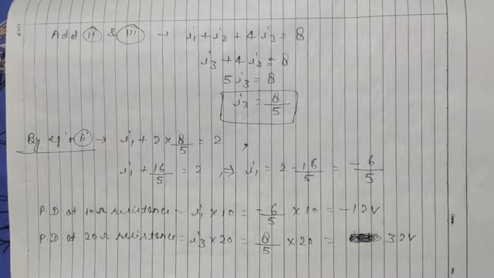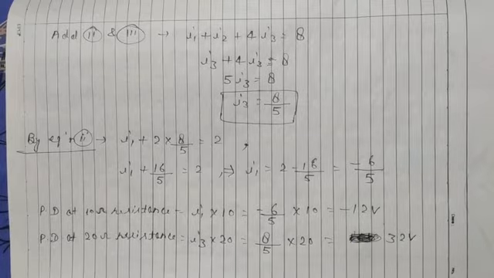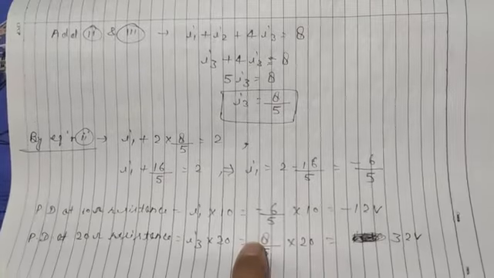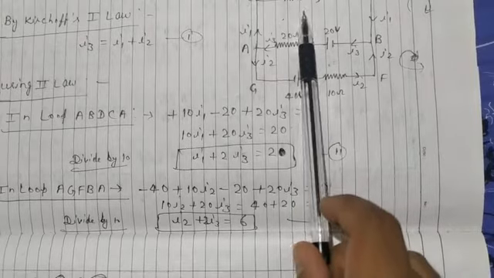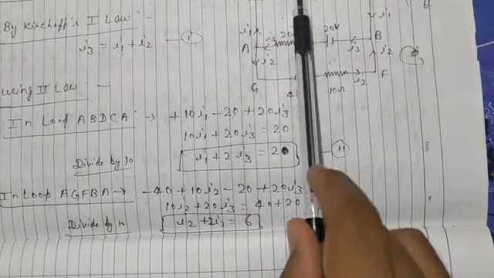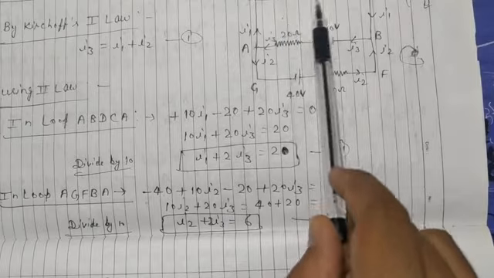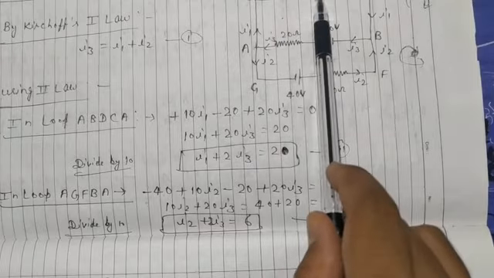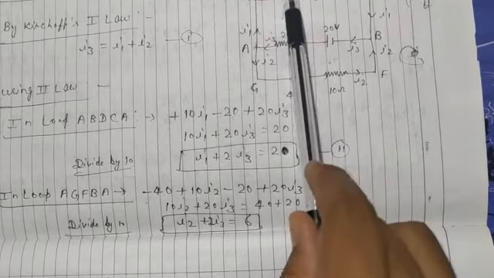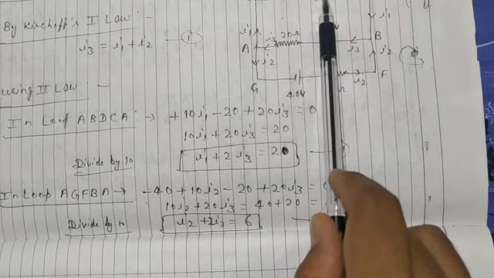And now if somebody asks what is the value of the potential difference across this resistance, we know the formula V equal to I multiplied by R. 10 multiplied by the value of I1.